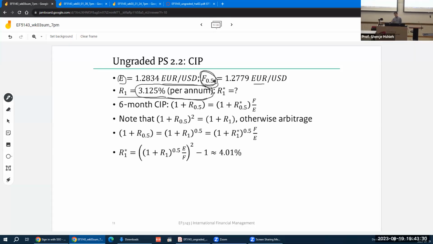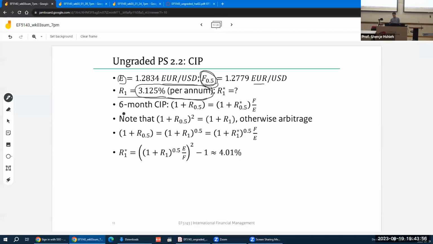And so naturally, as financial experts, you should know that if we're dealing with annual compounding, there's a way to convert annual to semi-annual, right? And the intuition, of course, is that there should be an equivalence between semi-annual compounding and annual compounding, due to, again, no arbitrage, because the cash flows must be the same. Equivalent cash flows means equivalent price.